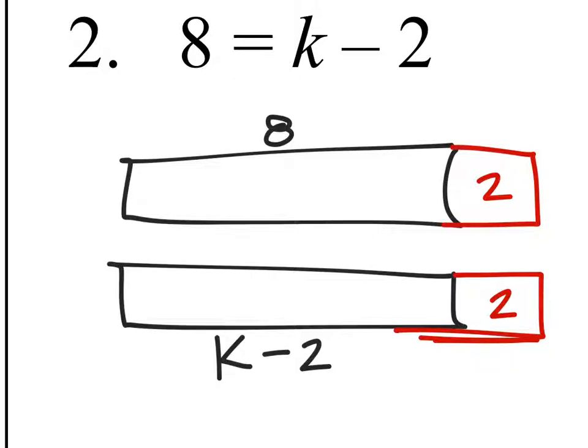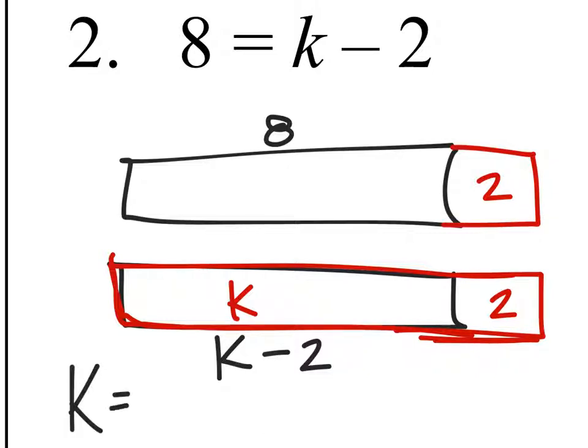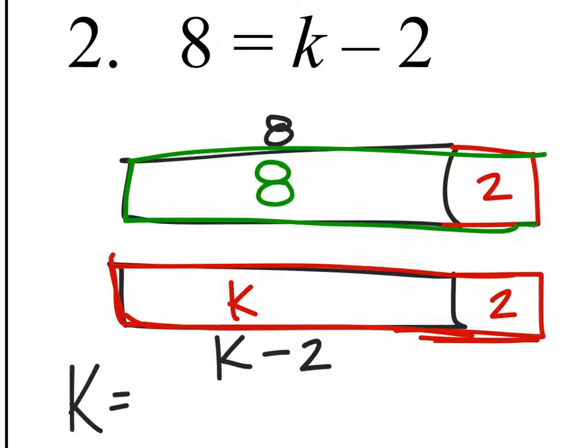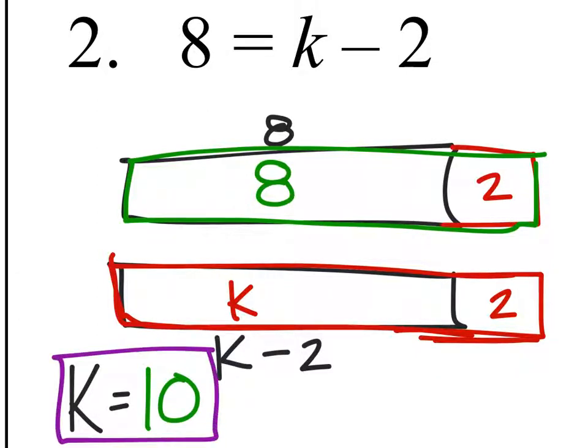See, now instead of this being a k minus 2, by tagging on that other 2, the whole thing now becomes a k value. That's okay. We only needed 2. So, we can see then that a full k value is actually worth how much? Well, we had an 8 right there, then we got this 2. So the full bar again would be 8 and 2, which is 10. K is 10.